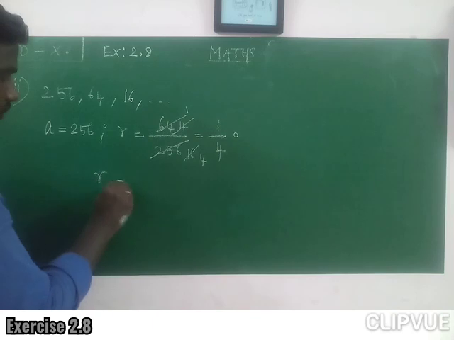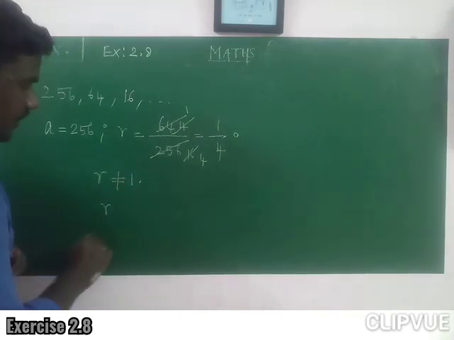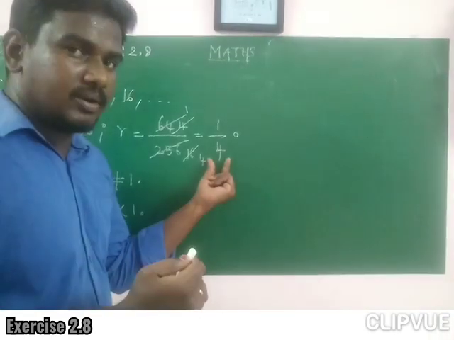So the value of R is equal to 1 by 4. This R value is not equal to 1, and at the same time R is less than 1. This 1 by 4 is less than 1, you know very well.